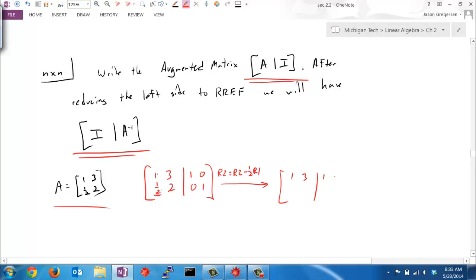I have 1/2 minus 1/2 is 0. 2 minus 1/2 of 3, so that's 2 minus 3/2, which is 1/2. 0 minus 1/2 times 1, that's minus 1/2. And 1 minus 1/2 of 0 is 1.